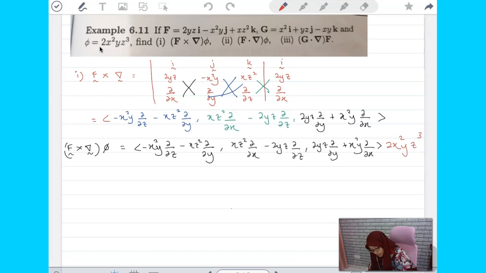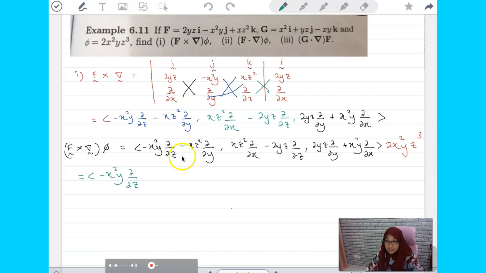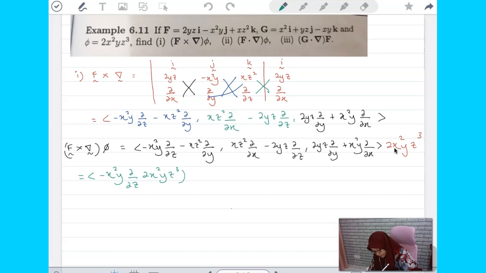Okay, so for the x component, minus x squared y, so del z of, just like you multiply this one by this, so this partial derivative is for the phi. So 2x squared y z cubed minus x squared del y of 2x squared y z cubed. So that is only for the x component.